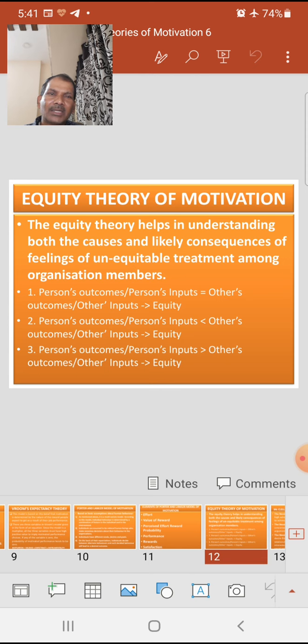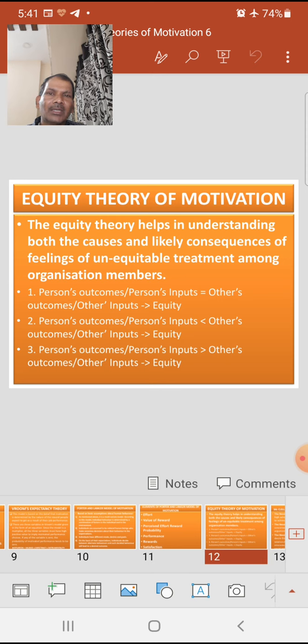Adams describes the equity comparison process in terms of input-output ratios. Inputs are an individual's contributions to the organization, such as the person's training, education, skills, experience, ethnic background, effort, and loyalty. Outputs are what he receives in turn.